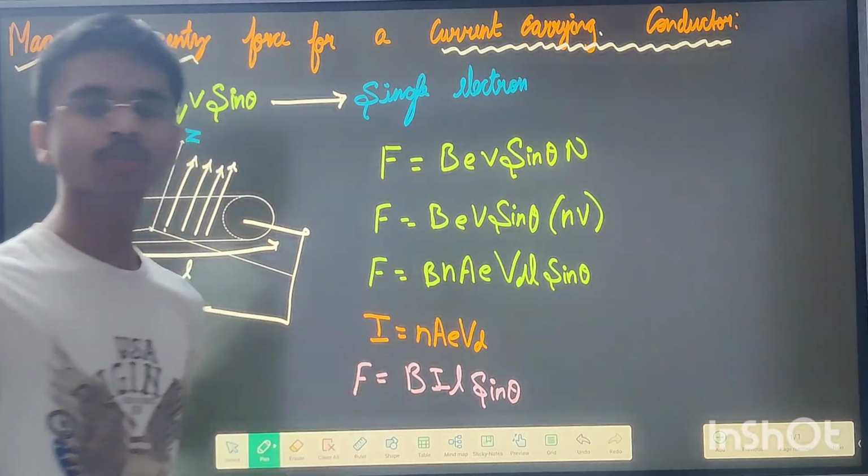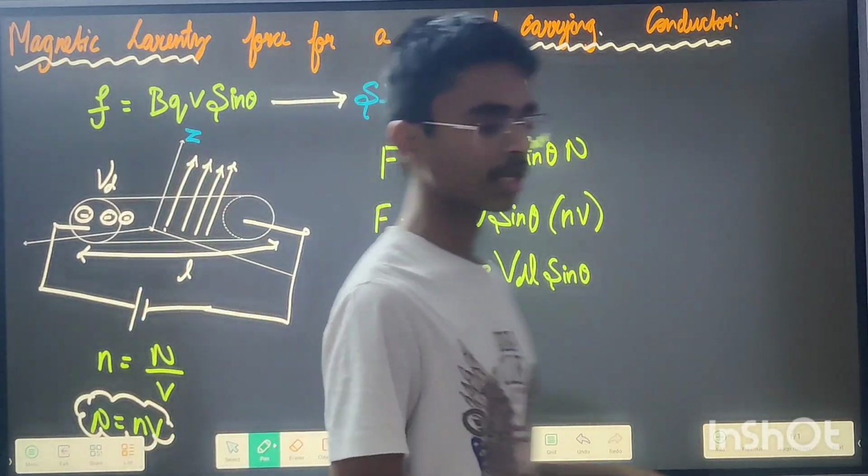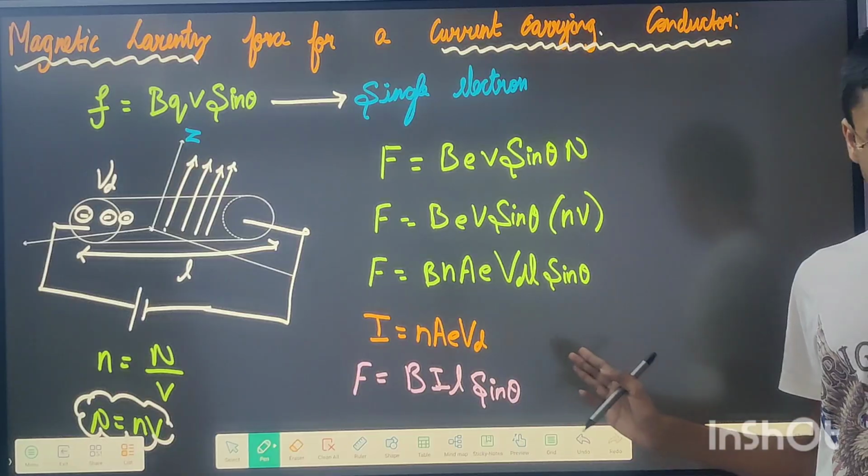Here this velocity is the velocity of the charge, right? So which is going to be Vd itself.